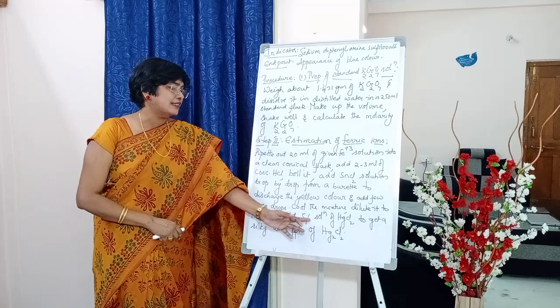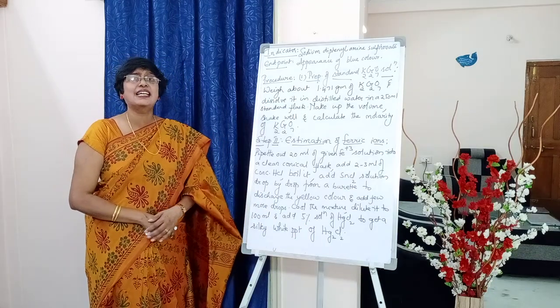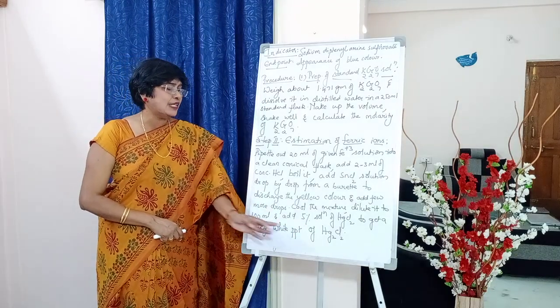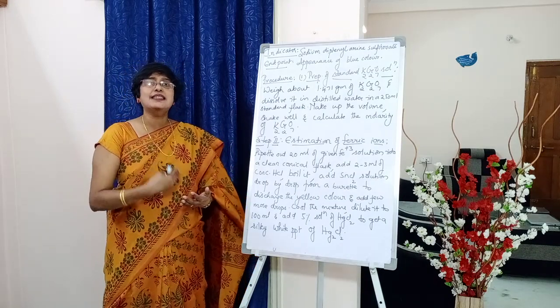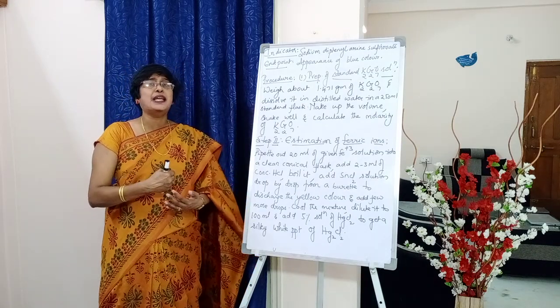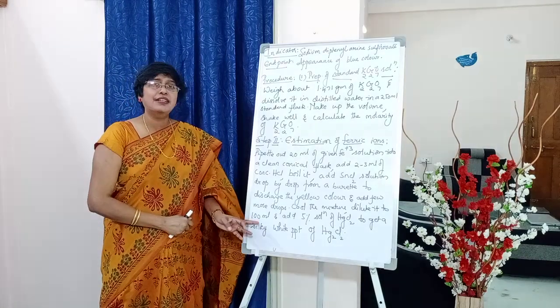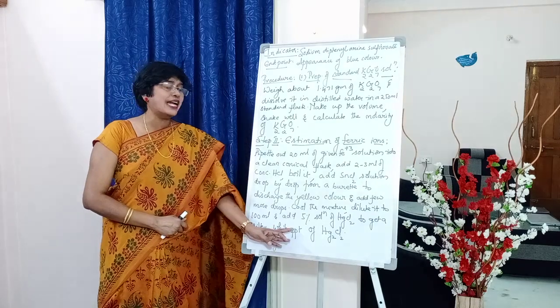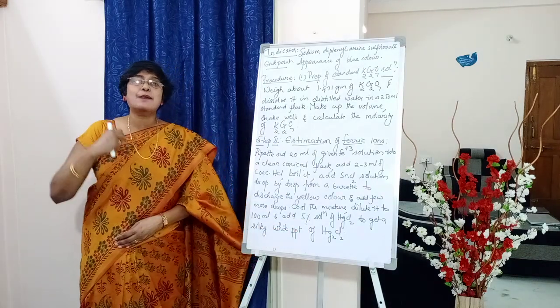When we add this mercuric chloride, students, we will get a silky white precipitate of mercurous chloride. While adding this mercuric chloride solution, we should be very careful. We should get a silky white precipitate. If you add more, it turns into a grey color precipitate.